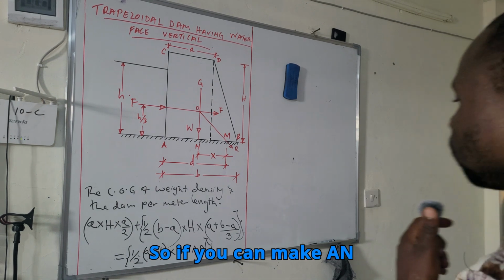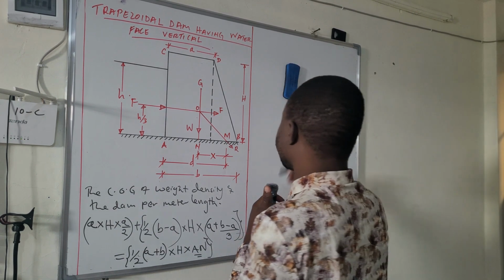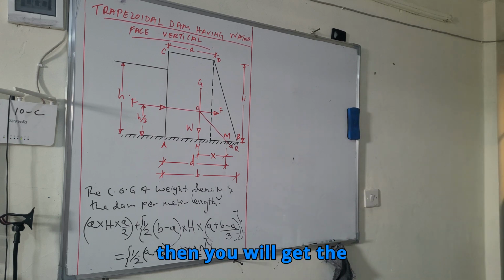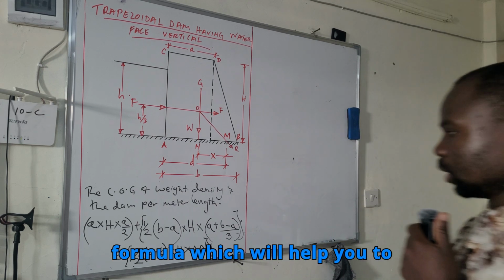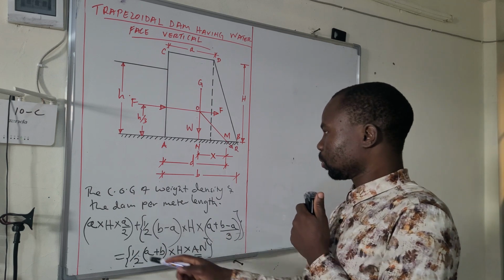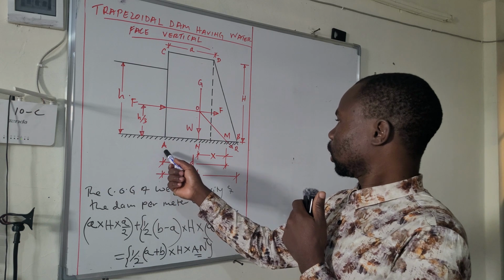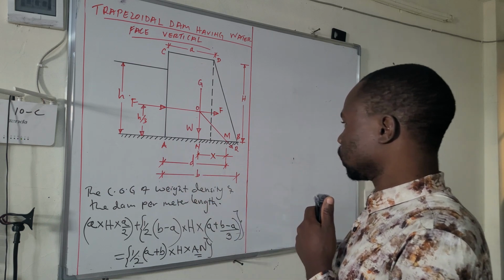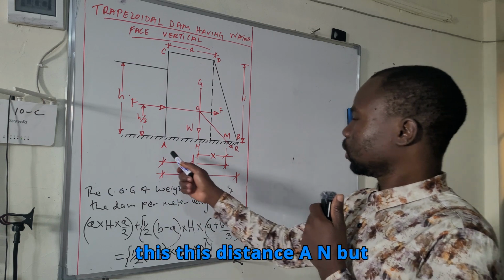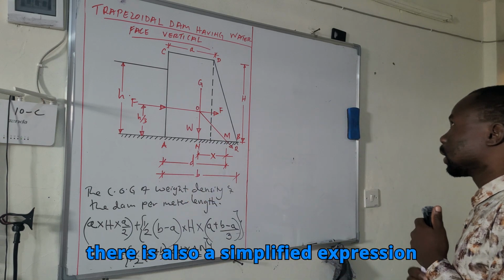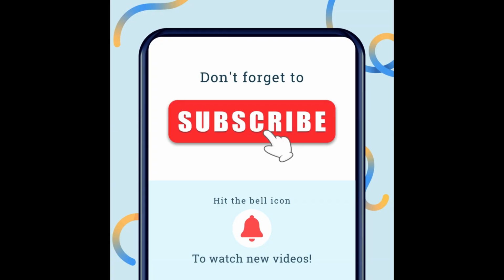If you can make AN the subject of the formula, then you will get the formula which will help you to calculate this distance AN. But there is also a simplified expression.